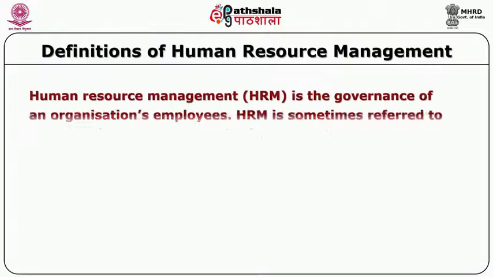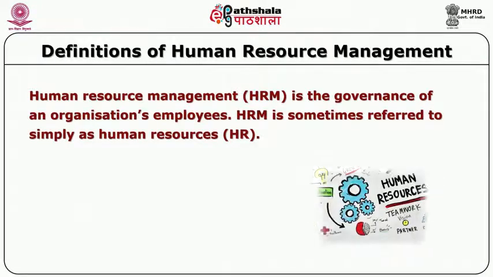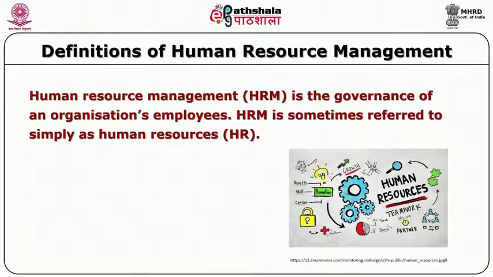Based on the example of family and our understanding of human resources and management of people, let us now understand what is human resource management. Human resource management is the governance of an organization's employees.